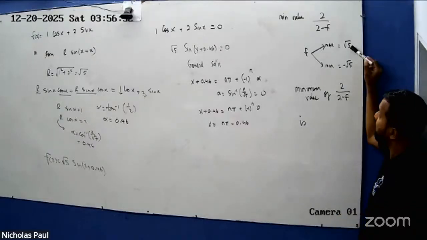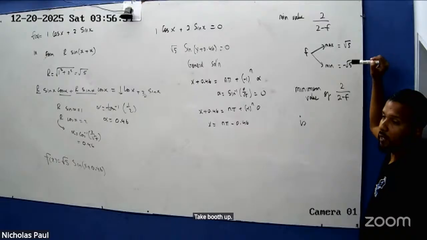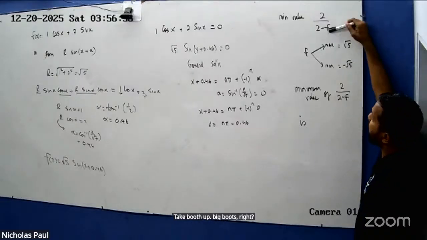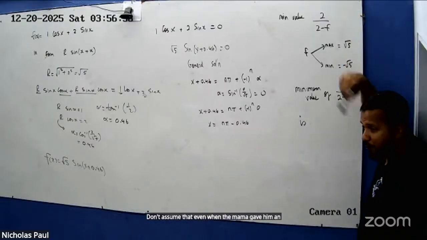Take both, right? Don't assume that the minimum will give you minimum. Take both, check it and make sure.